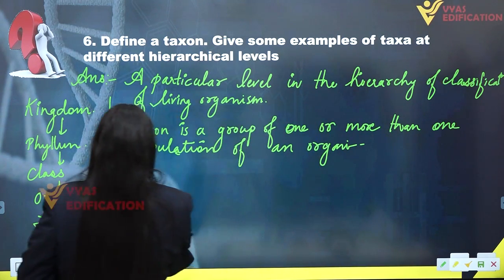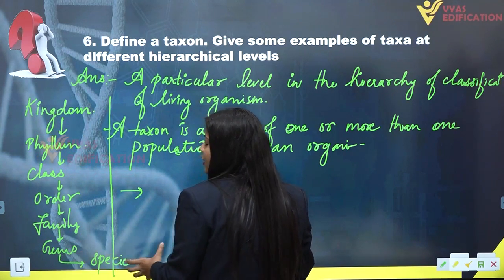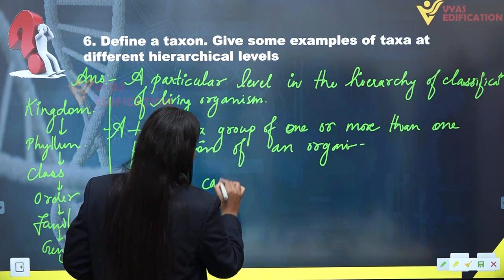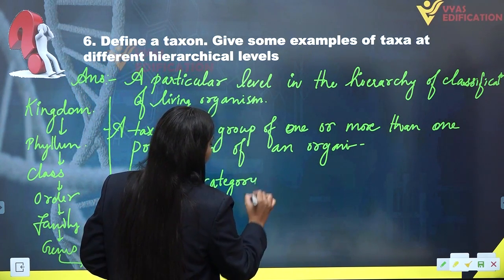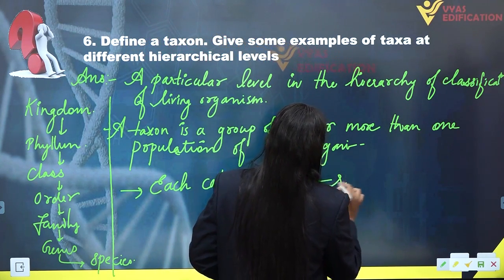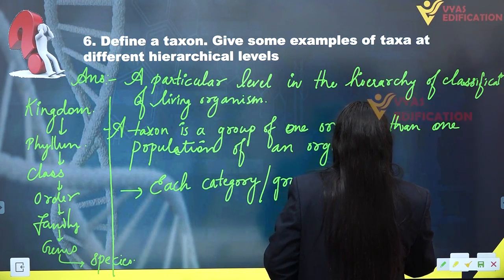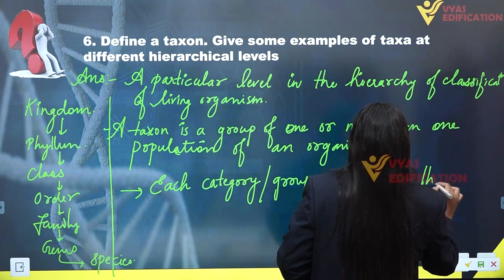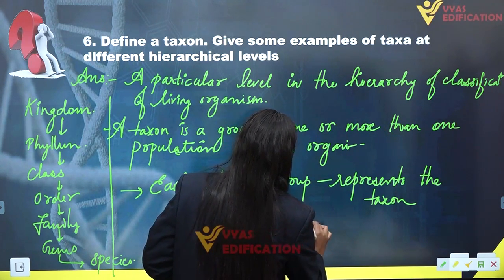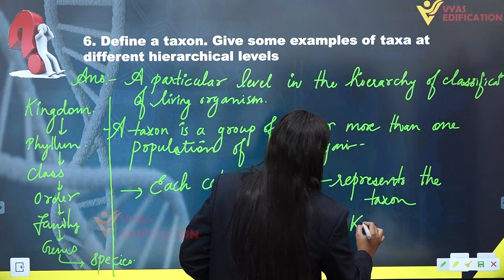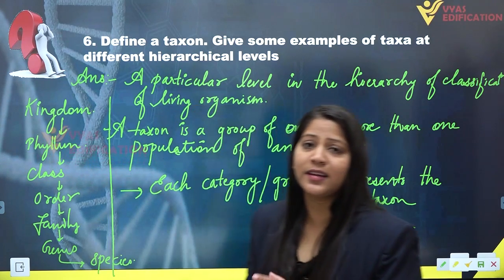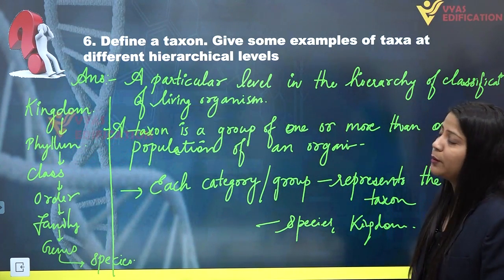So I may write that in the whole hierarchy of classification, each category or group represents a taxon, for example, species and also kingdom. Alright, so this is the complete answer of question number 6.